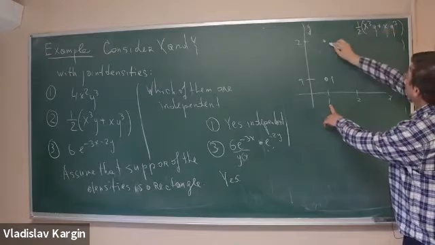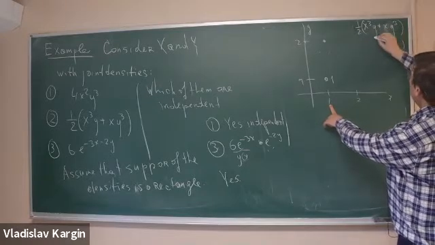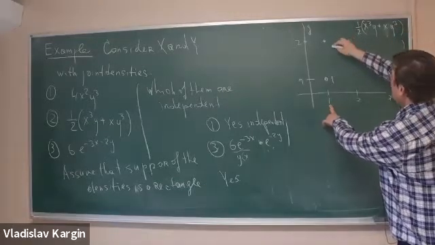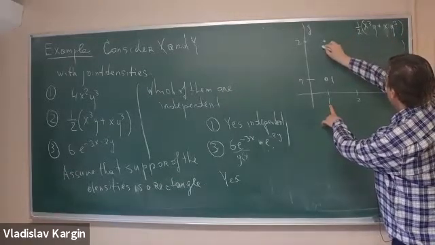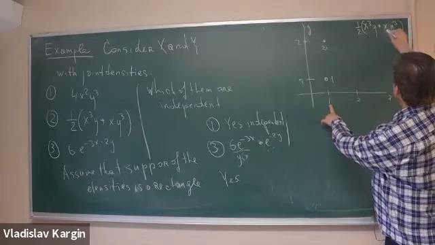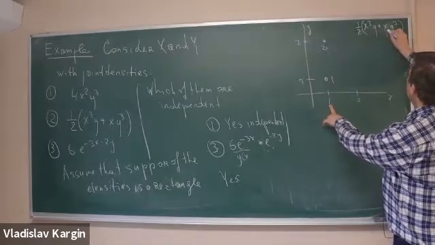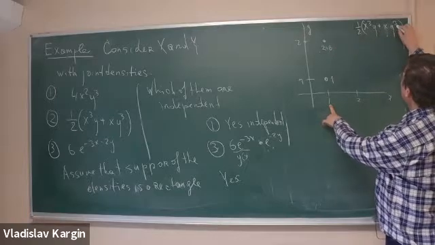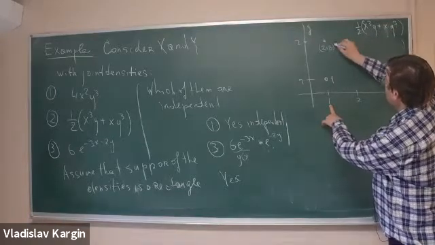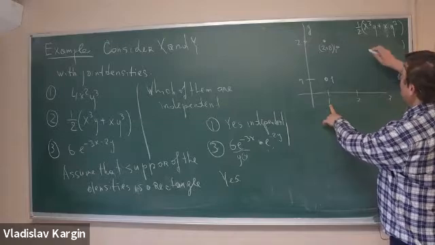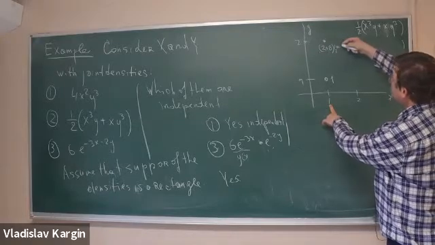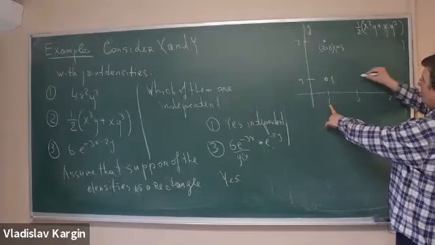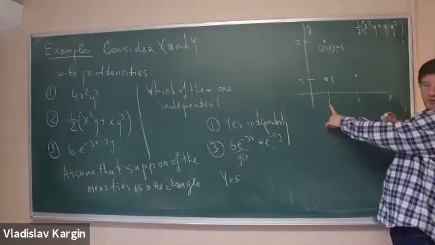At this point it will be 2 plus 8. So 2 to the power of cube is 8, and 1/2 of it, so it's equal to 5. And over here, by symmetry, it's also 5.